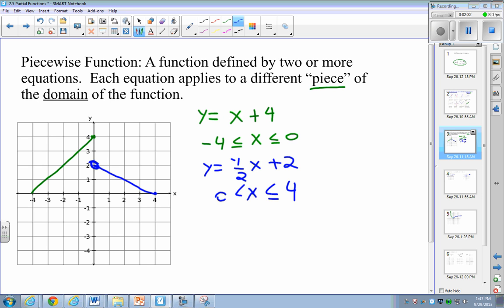Okay, so now that we have our two equations, we can combine them into one general function. How we do this to get this piecewise function is we state our equation, and then we write our domain.